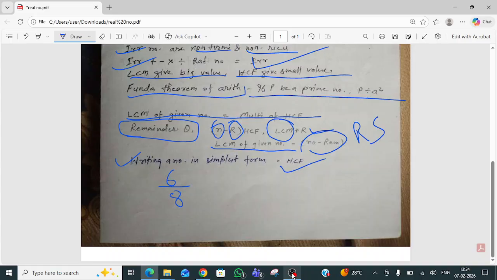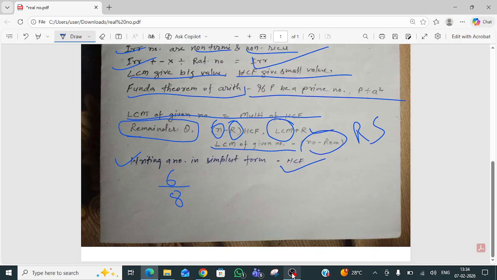This chapter you have studied since the beginning of the academic year, and you should not underestimate it because this is an easy-to-score chapter. The only thing required is exposure from other resources.